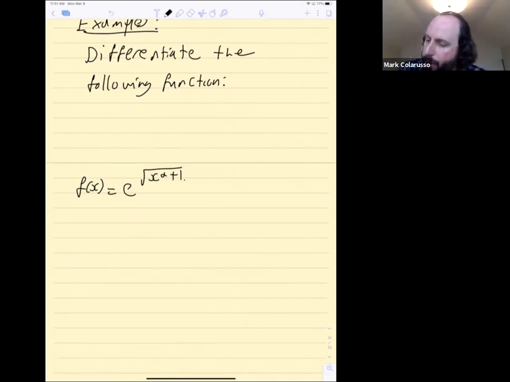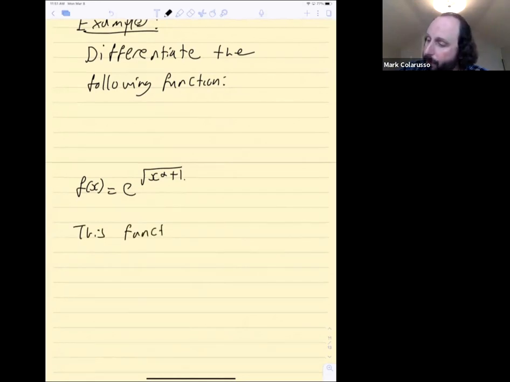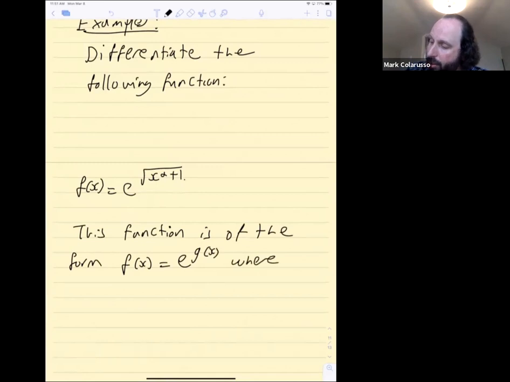Okay, so this function is of the form f at x equals e to the g of x, where g at x is the square root of x squared plus 1.